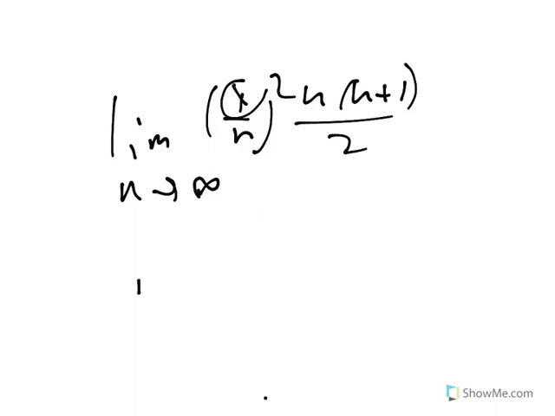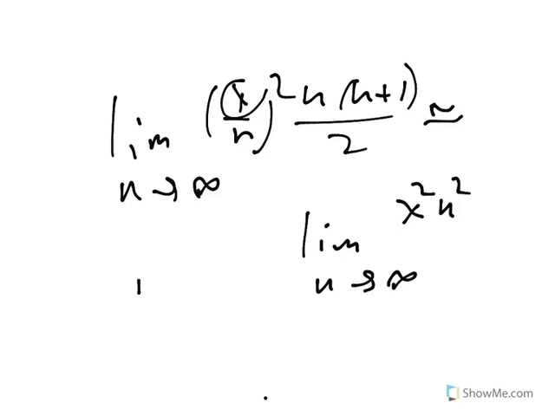And we can see here that the numerator is going to be, I would say, approximately x squared n squared over 2n squared. Those are what the lead terms would be. So because the powers are equal of the n's, you get x squared over 2.